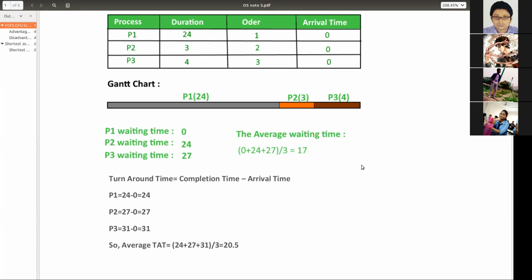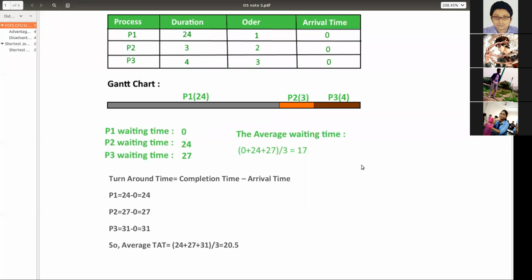Next, the waiting time. As I told you, the formula for waiting time is turnaround time minus burst time. So the turnaround time for P1 is 24. The burst time for P1 is also 24, because burst time and duration are basically the same.